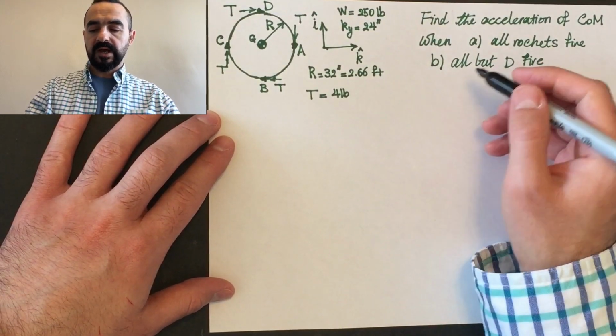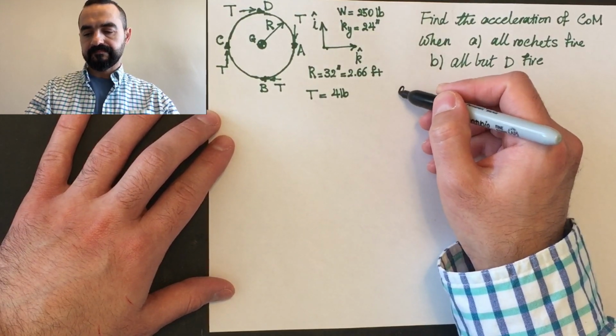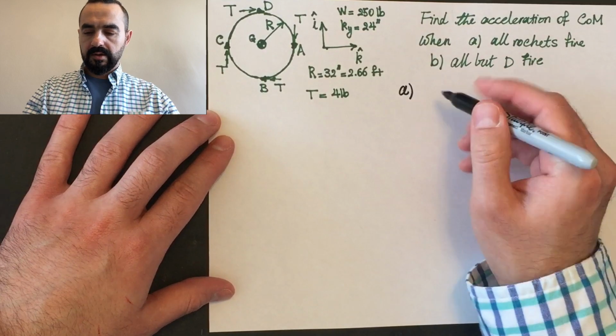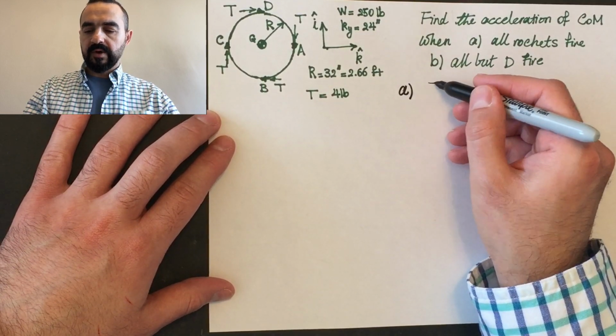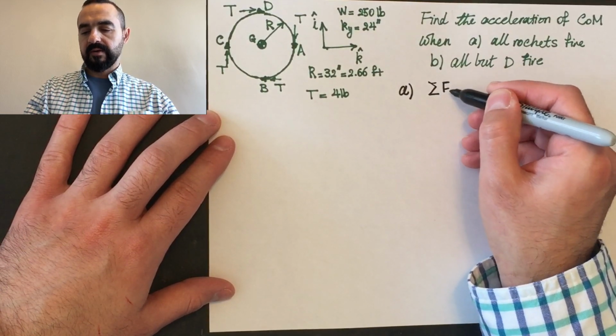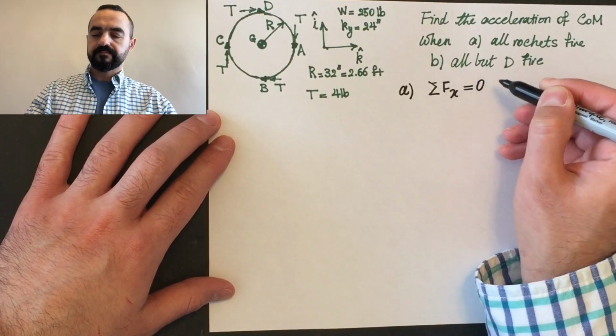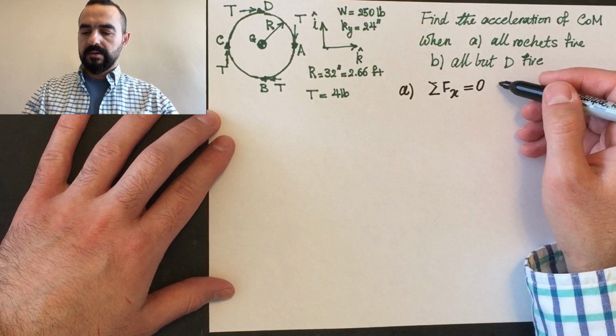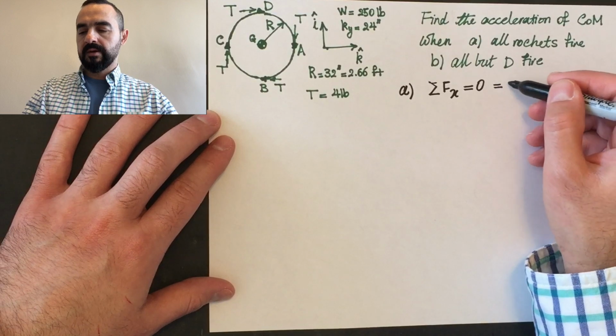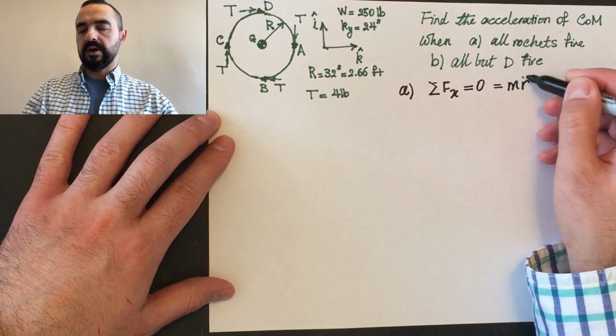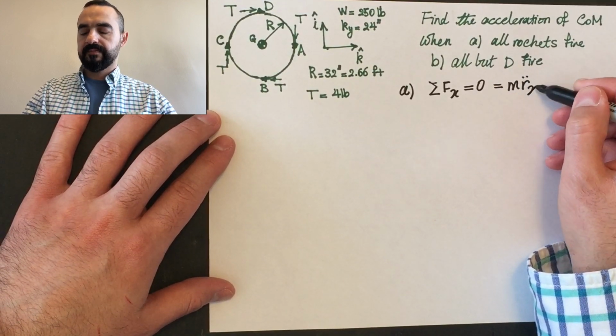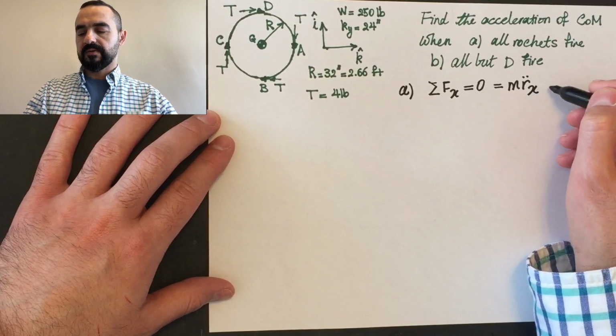So for part A, sigma Fx is 0. Therefore, m r double dot x is equal to 0.